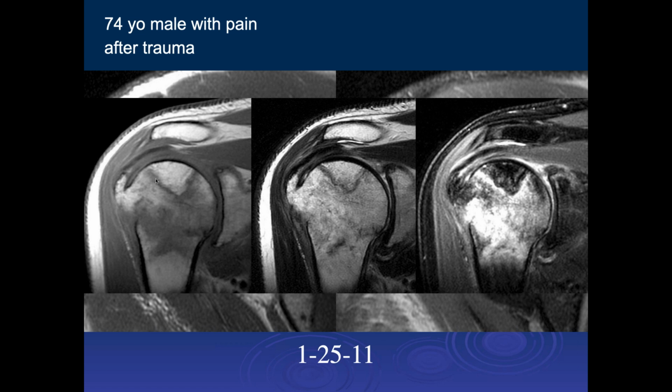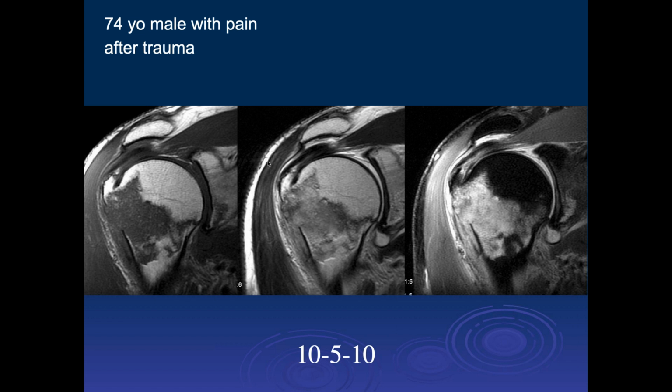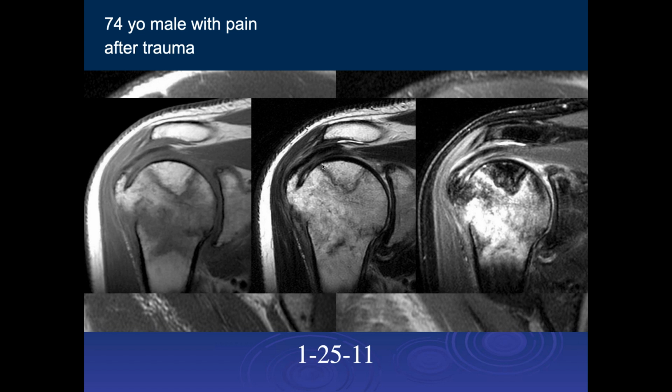And this is a 4-part, I think, with considerable displacement of the greater tuberosity. What would I do? We'll talk about this later, I guess, but a sling and swath.